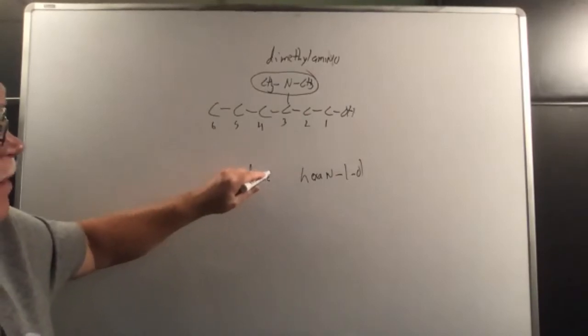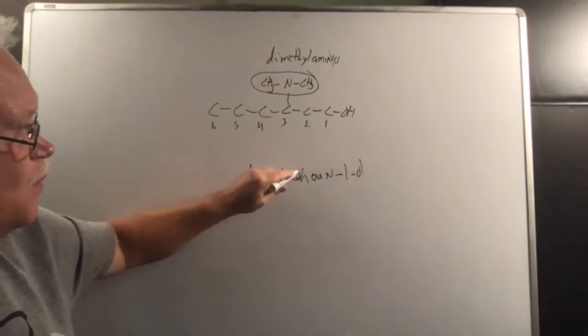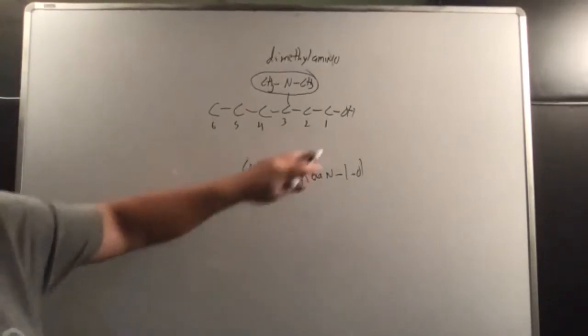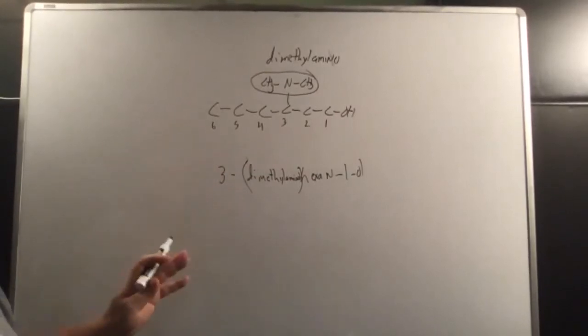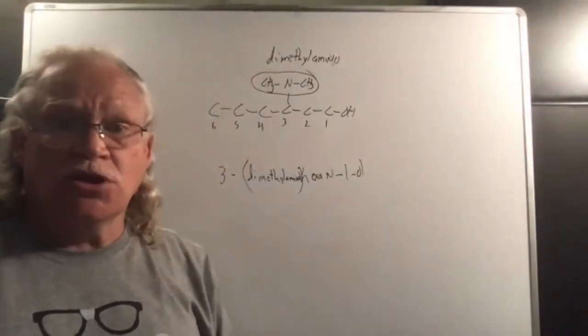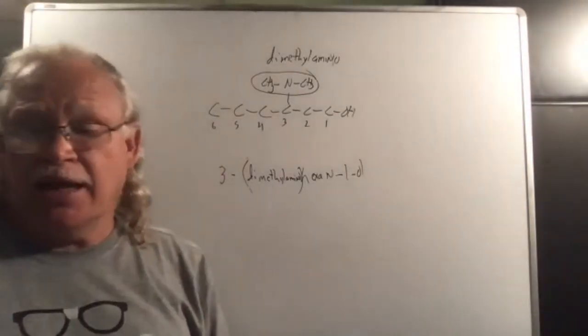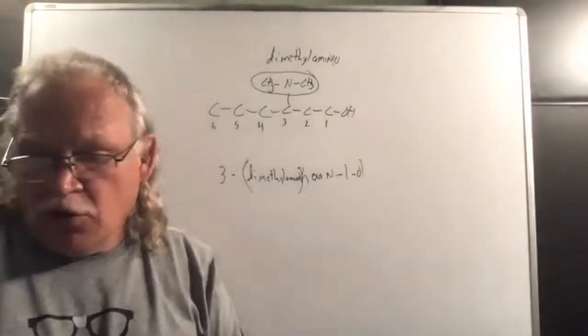We have a dimethylamino group attached. And where is it attached? To the main chain at the number 3 carbon. So we have 3-dimethylamino, and then the rest of it is just like it would normally be, hexane 1-ol. Okay, so don't make this any more difficult than it is.